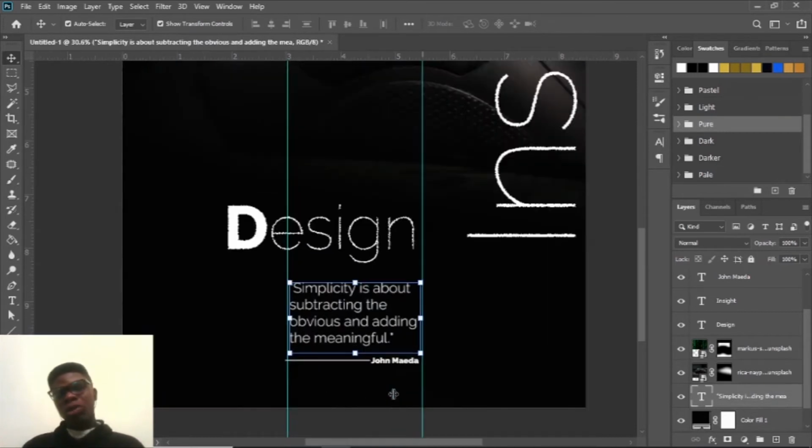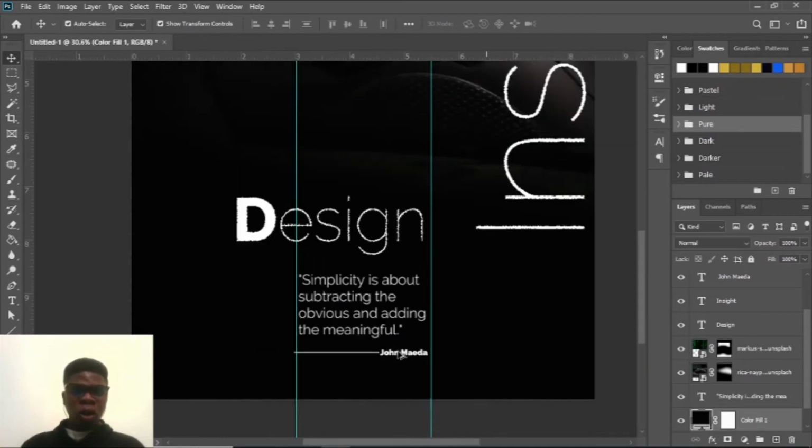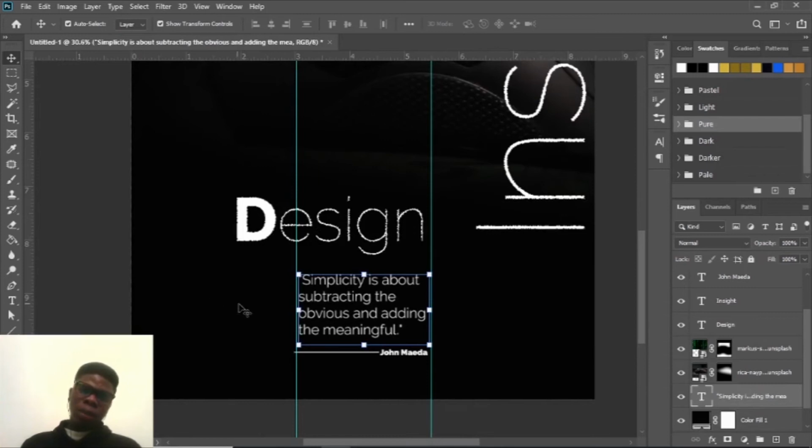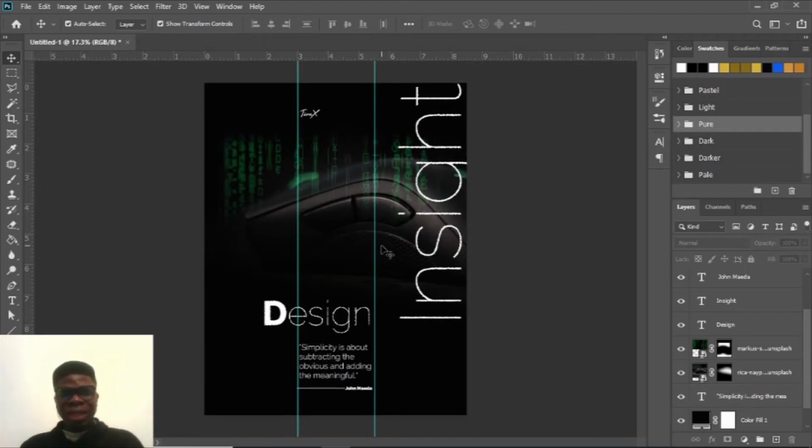Now, I want to also draw attention to the author of this quote. Now, all of this, it's mind game, but I end up making the composition interesting for users.